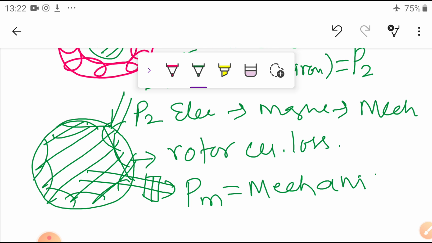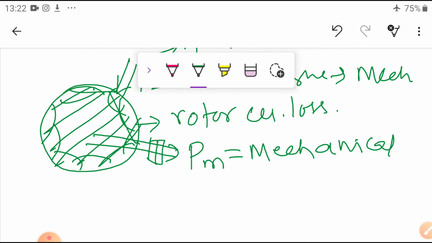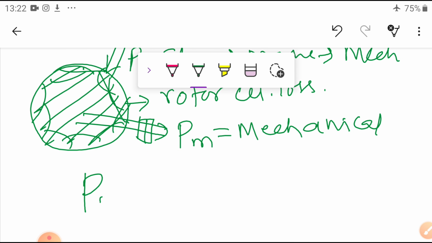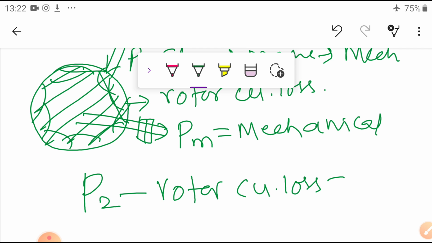That means the P2 input minus the losses, the rotor copper loss, is equal to the mechanical power developed in the rotor, PM.